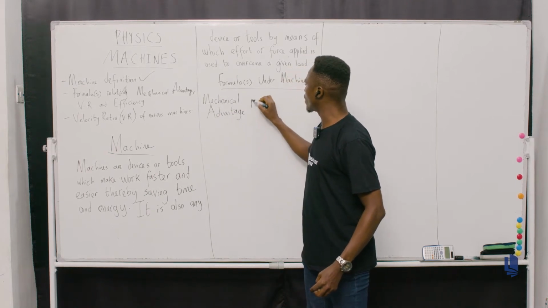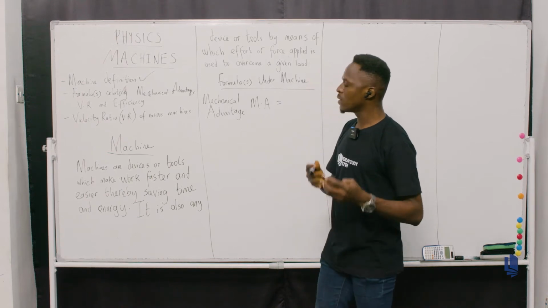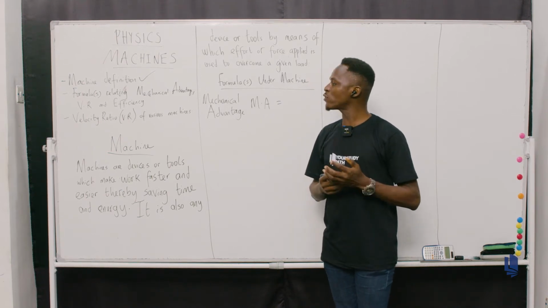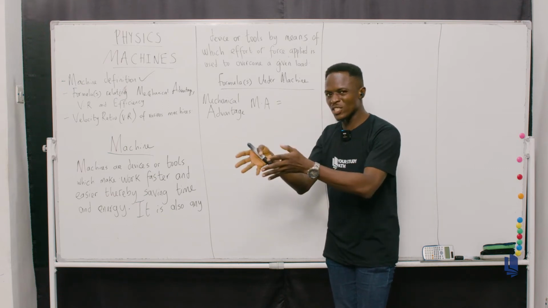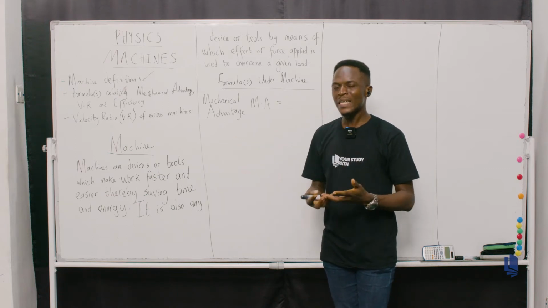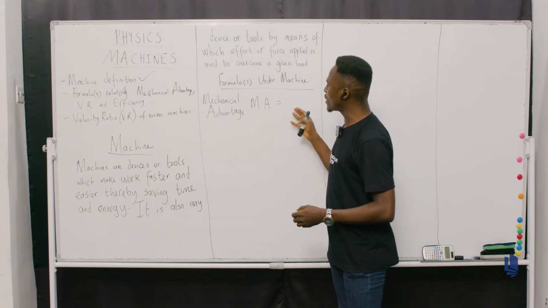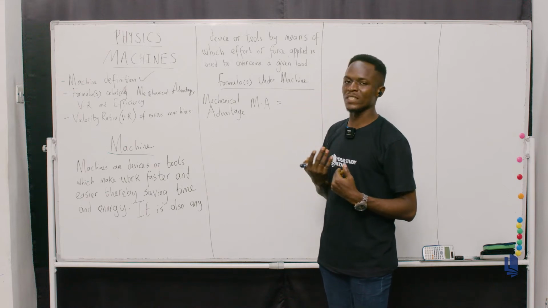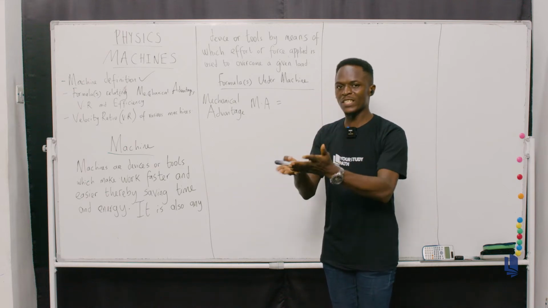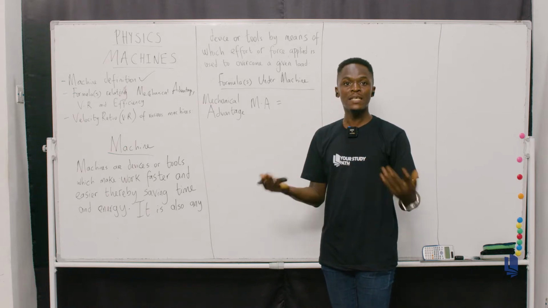It is the quantity which we calculate to determine whether the machine is actually useful for the purpose for which it is working. When we calculate it and we see a low value of mechanical advantage, then it means that the advantage of the machine is defeated. The purpose of using such a machine is defeated.